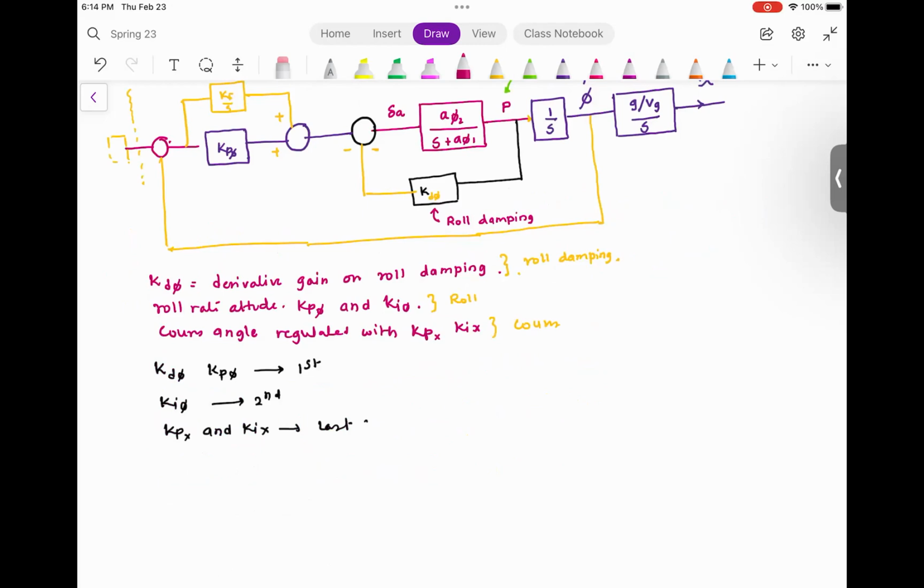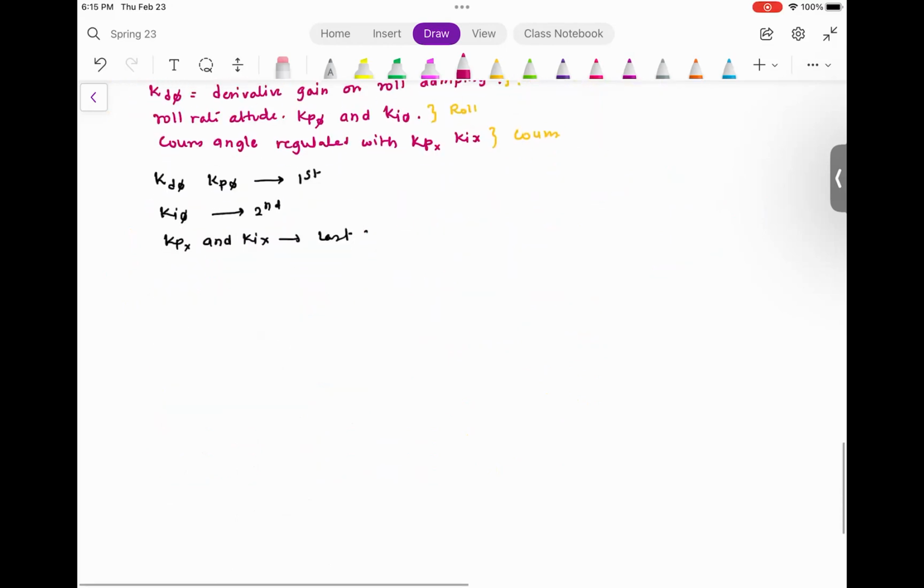Okay, so first and foremost, this is the overall transfer function. In the last class, I didn't draw the complete transfer function, so what I want to do first is draw the complete transfer function starting from the beginning. First, we have the set course, which is the commanded course. Then we have a summing junction. Then we have a proportional gain, Kp, on the course.